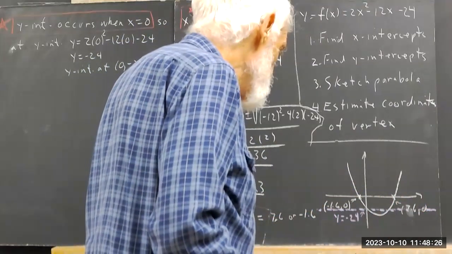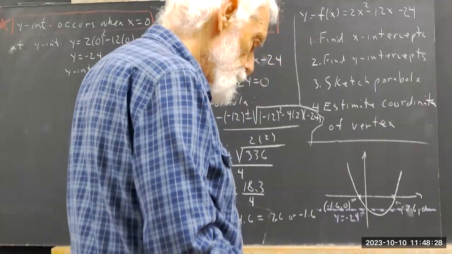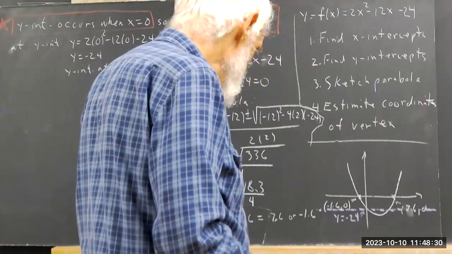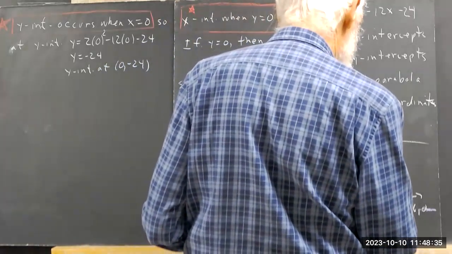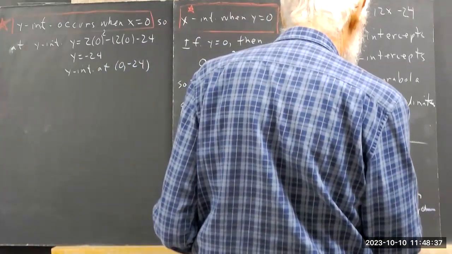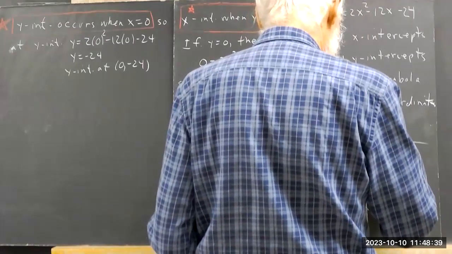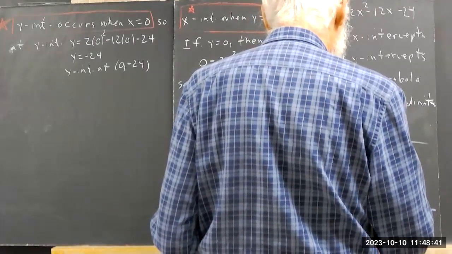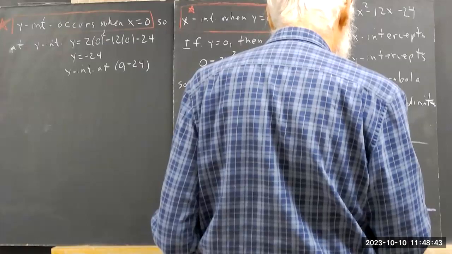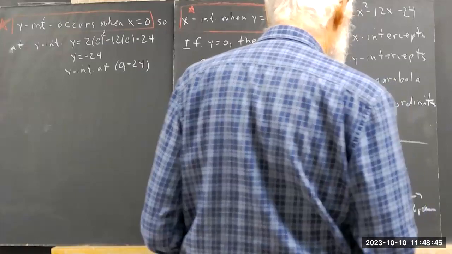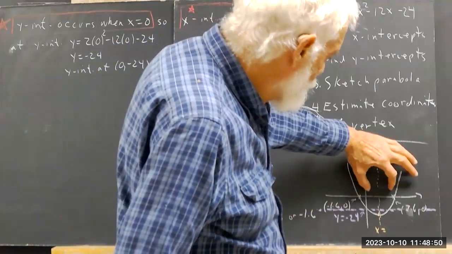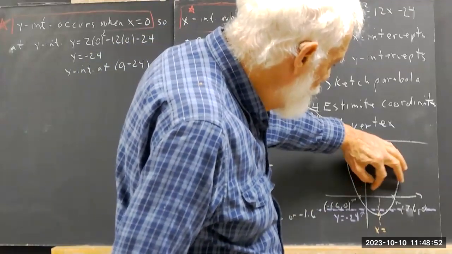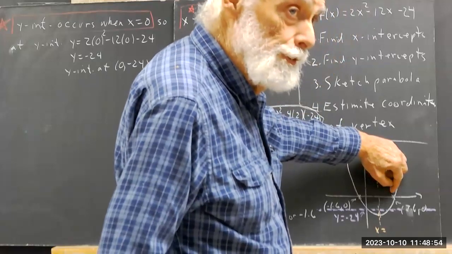Now the vertex, and I think everybody's got an estimate of the vertex by now. The vertex is here. So I'm going to draw a vertical line through the vertex and see what I think x is. Well, the way I've got it drawn, x looks like it's about halfway between 0 and 7.6.